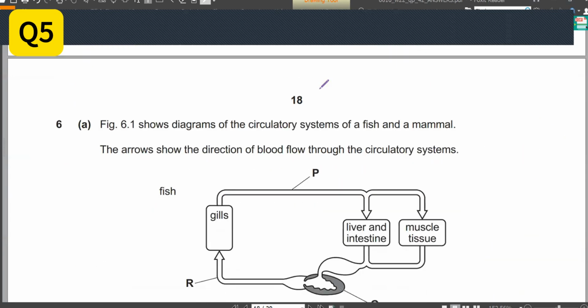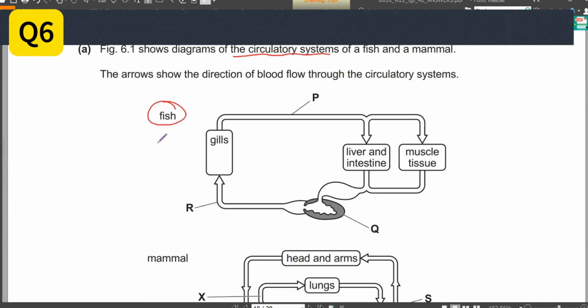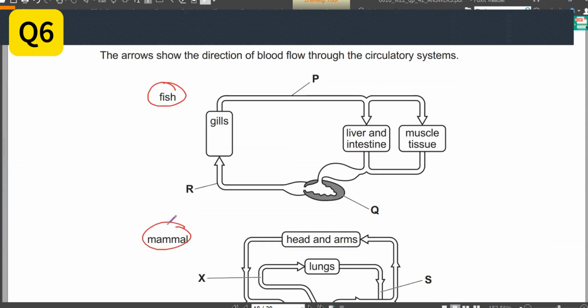Okay, next. This question is about the blood circulatory system. We have two types of animals here: fish and mammals.